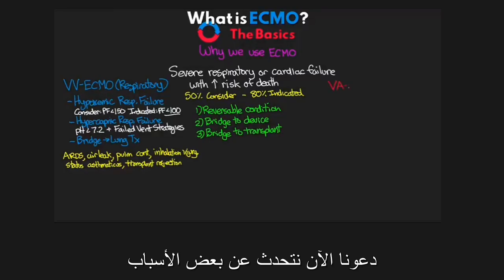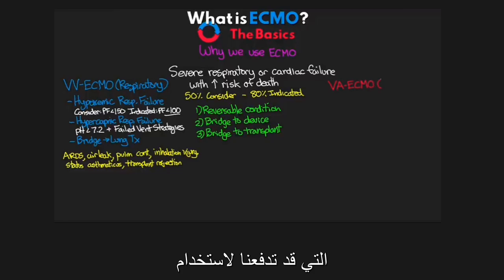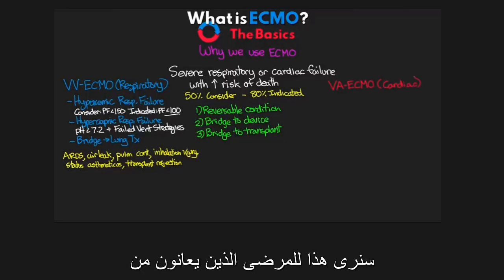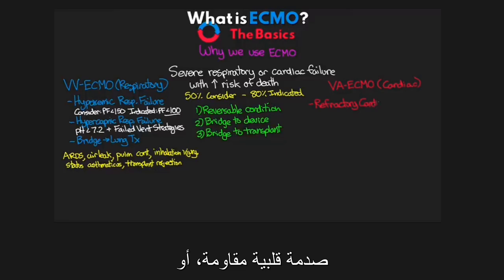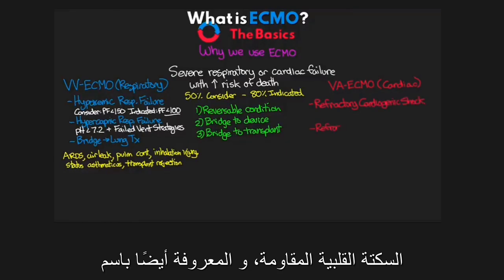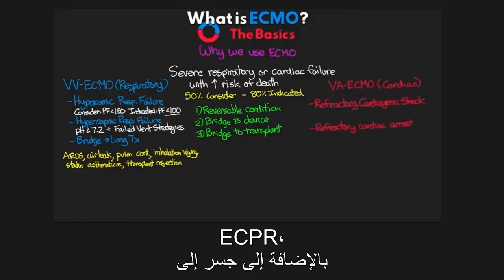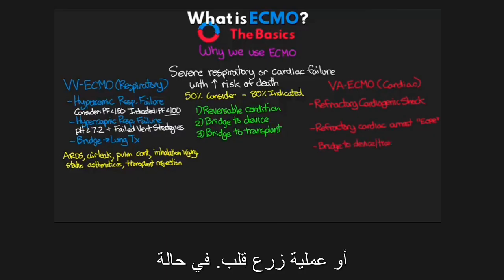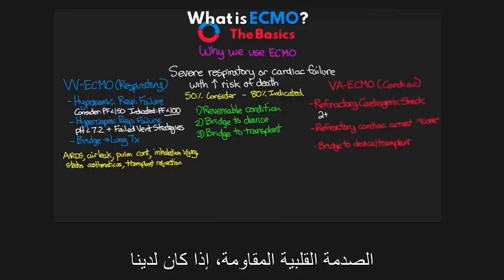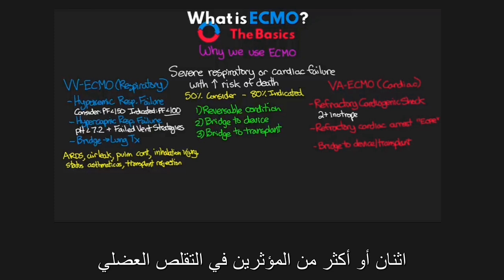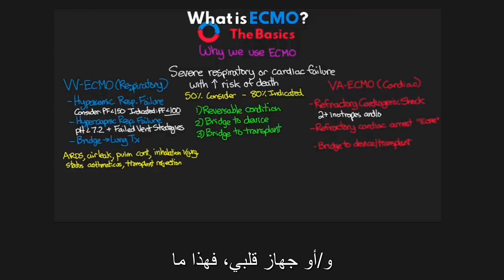Now let's talk about some of the reasons that we would use VA ECMO for cardiac support. Now here we're going to see this for patients that are in refractory cardiogenic shock, refractory cardiac arrest, also known as ECPR, as well as a bridge to either a device or heart transplant. Now in the case of refractory cardiogenic shock, if we have 2 or more inotropes and/or a cardiac device, this is what we're referring to here.